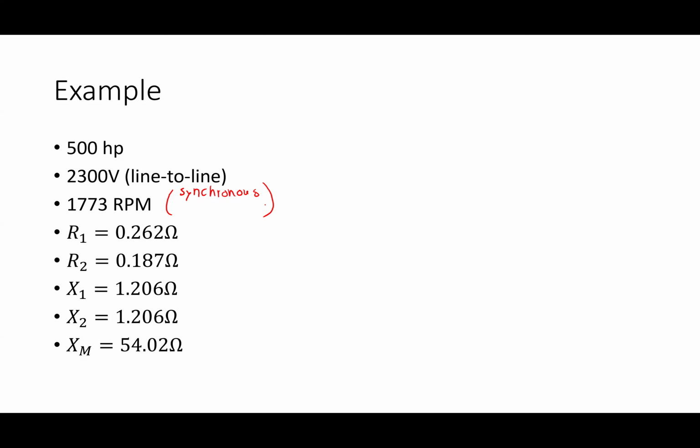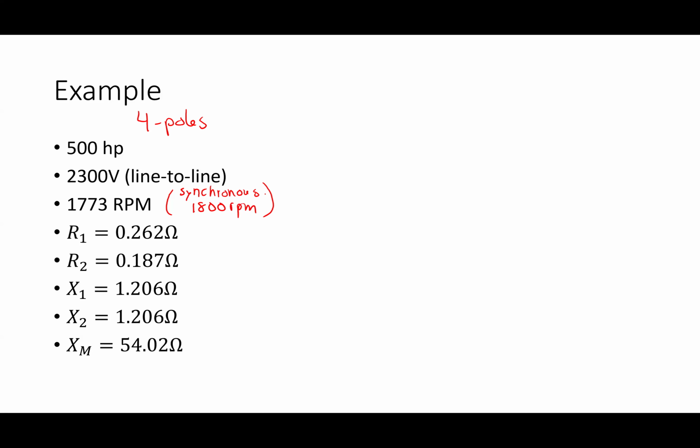First of all, if this guy's going 1773 RPM, how many poles do you think it is? 4, right? So it's 4 pole. All right. And what would be the maximum speed it could do then? 1800. That's its synchronous speed.